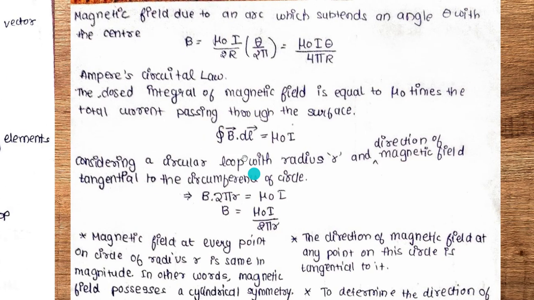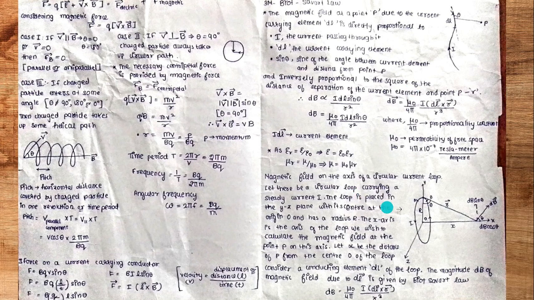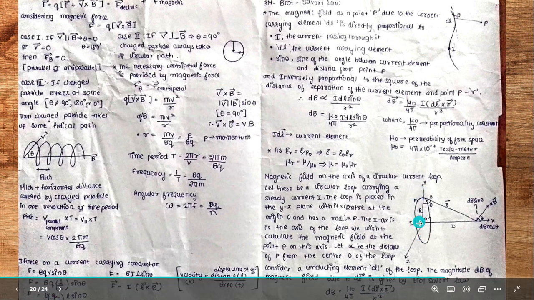Now, magnetic field due to an arc which subtends an angle theta at the center. So we have a circle, a similar circular coil or loop, but now we have a certain angle made by it.